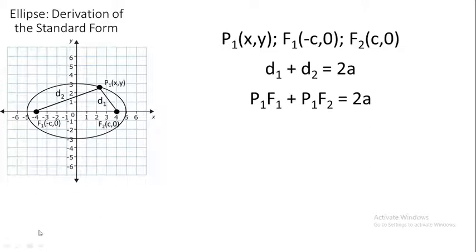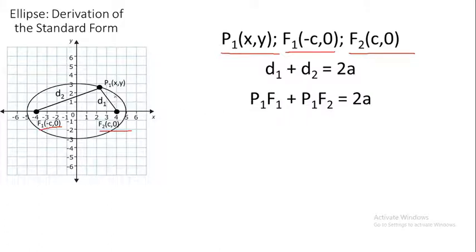Using that basis, we can derive the standard form. Our coordinate for P is (x, y). Our coordinate for f1 is (negative c, 0), and our coordinate for f2 is (c, 0).